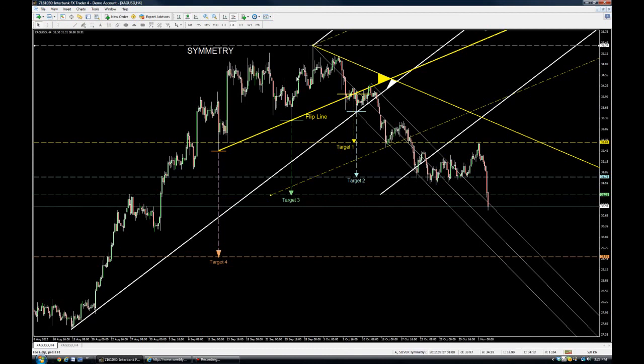Again, when you do it with the pitchfork, what it shows is that price action above the flip line is the whole channel that you are flipping down.